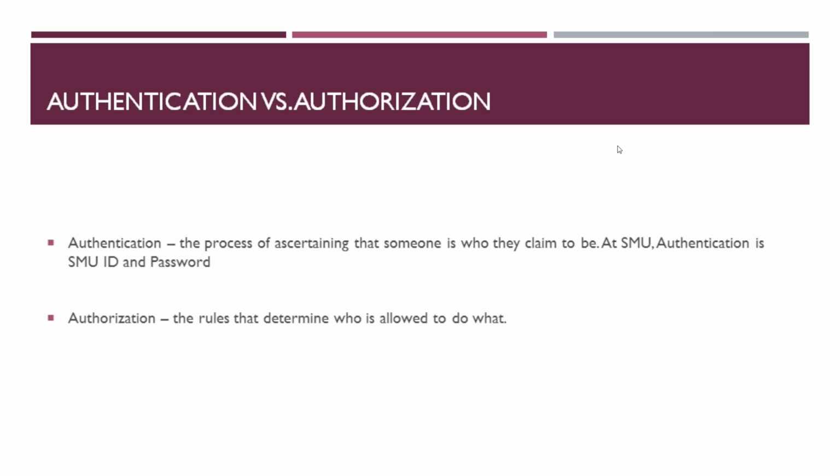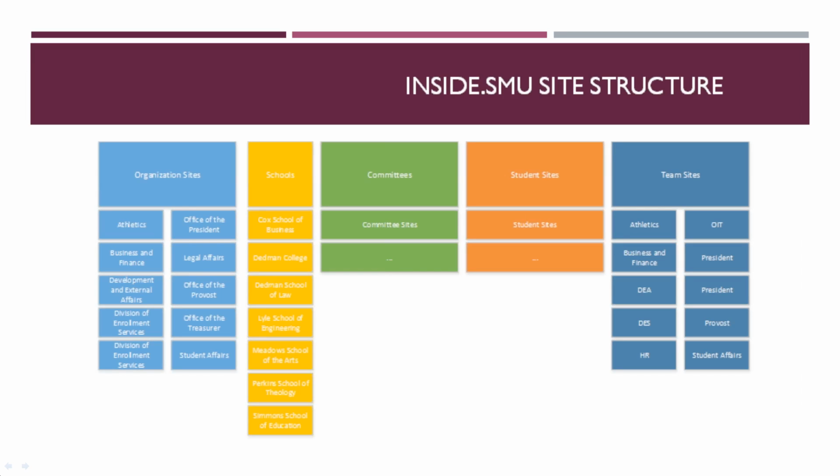So that's authentication. Authorization is the rules and permissions that determine what you can do. So in terms of Inside.SMU, authorization is really what you can see and what you can view, edit, and change.